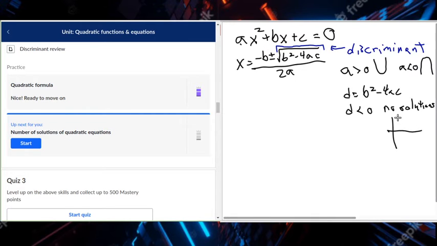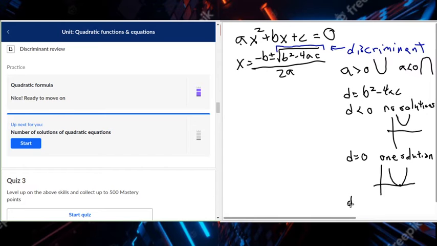So the parabola might be graphed like this. If D is equal to 0, then there's one solution, and that means it's going to hit the x-axis just one time, so it's going to look something like that and hit there on one point, and that will be our one solution.